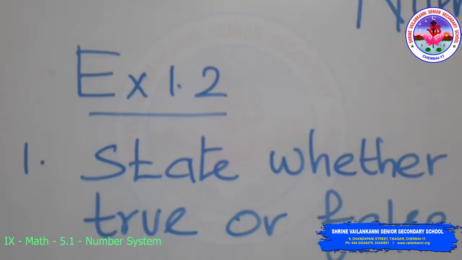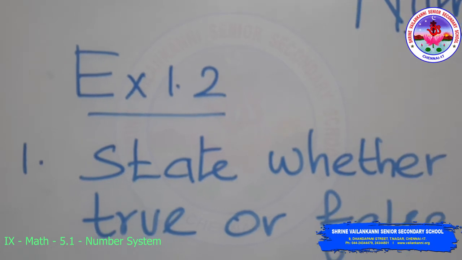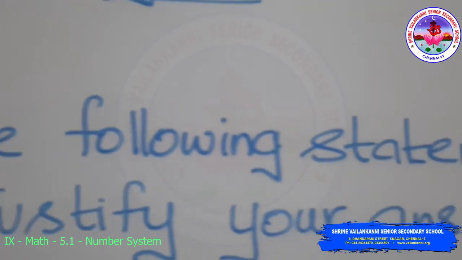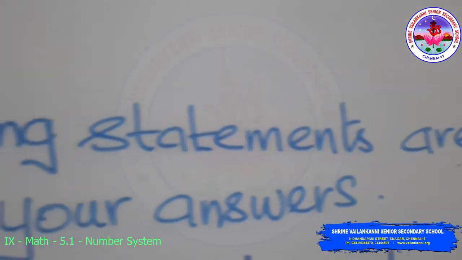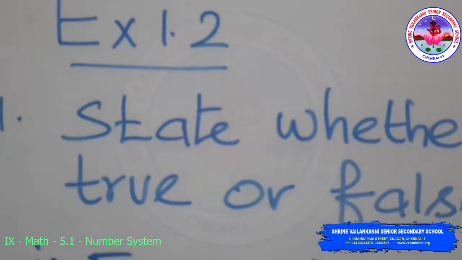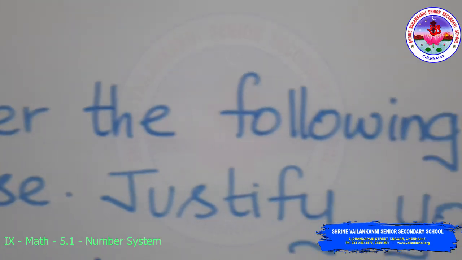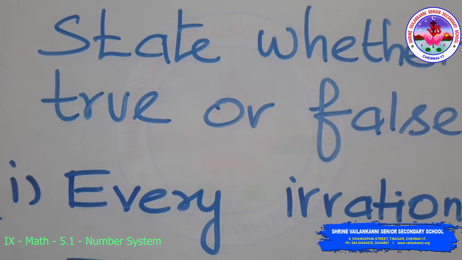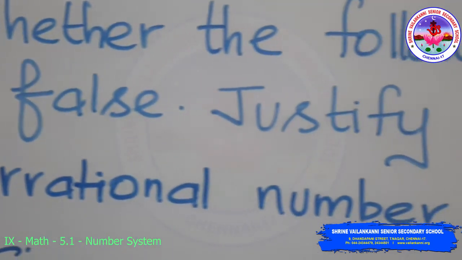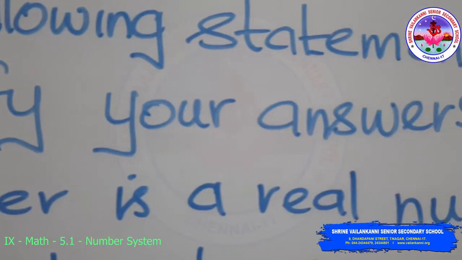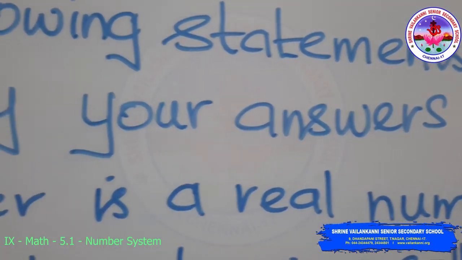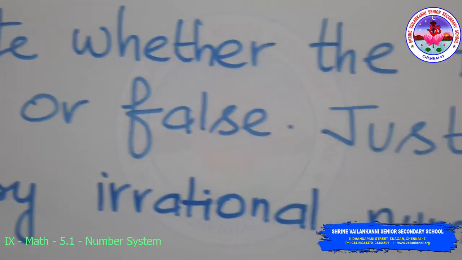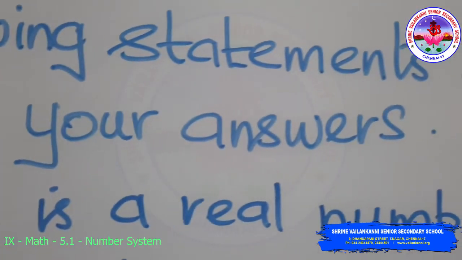Now, coming to exercise 1.2. First problem. State whether the following statements are true or false. Justify your answer. Every irrational number is a real number. We want to prove whether this statement is true or false.